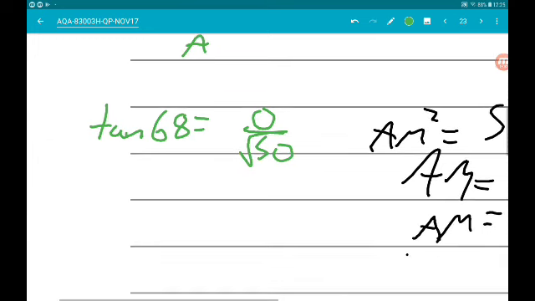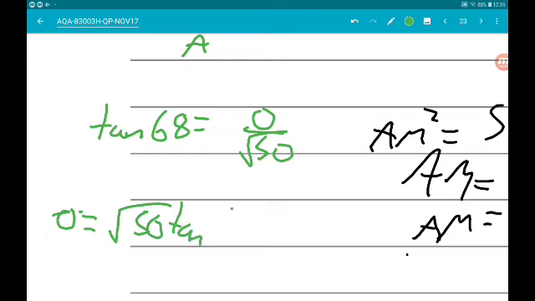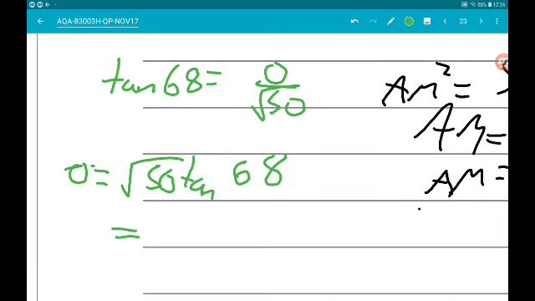So the opposite is root 50 tan of 68. So, let's see what that is. Okay, so that's going to give us 17.5 centimetres.